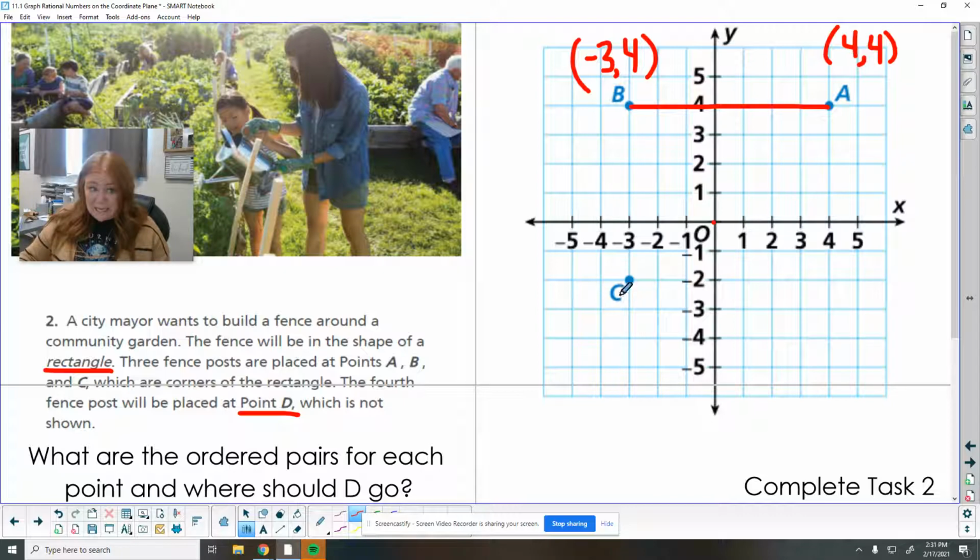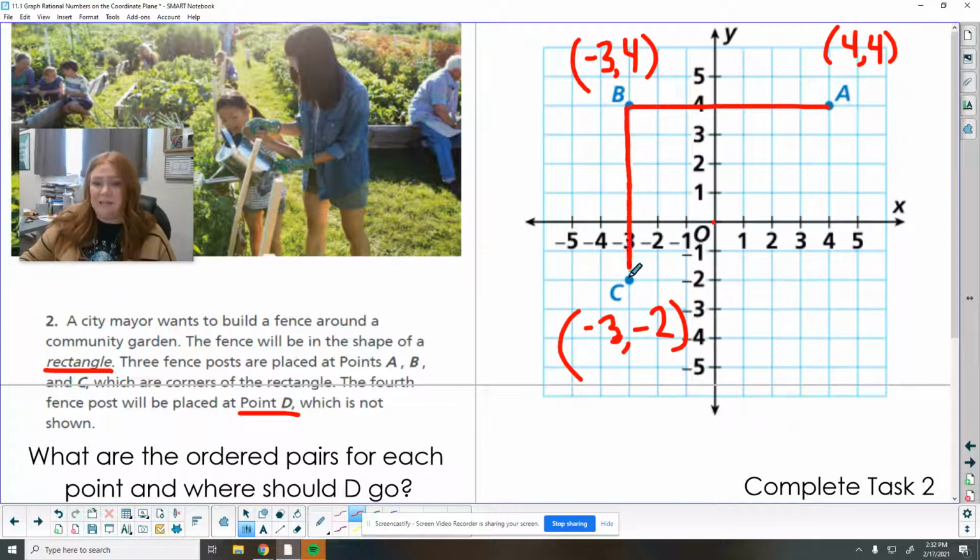I also noticed B and C are in line with each other. So this one was over -3, and C is also over -3. And then to get down to the fence post, we went -2. I need this to be in line with A and C. So we've got to connect C and A following these straight lines.